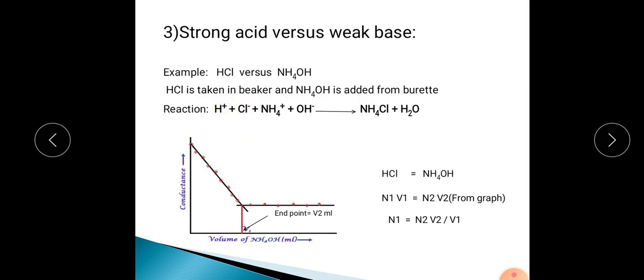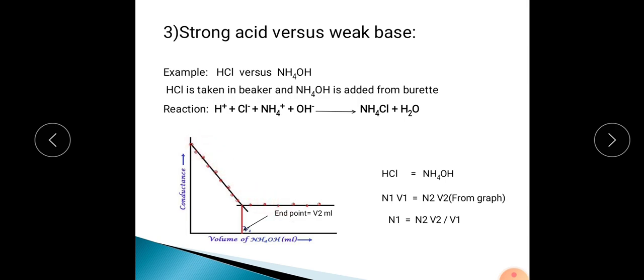Up to what stage will it decrease sharply? Till there is HCl. Once all the HCl is neutralized, after that there is only excess added NH4OH, which is a weak electrolyte, which is not going to affect the conductance that much. So conductance will either remain the same or slightly decrease. When we plot a graph of conductance versus volume of NH4OH added for such a titration, strong acid versus weak base, the nature of the graph is a sharp decrease and then constant conductance or gradual decrease.